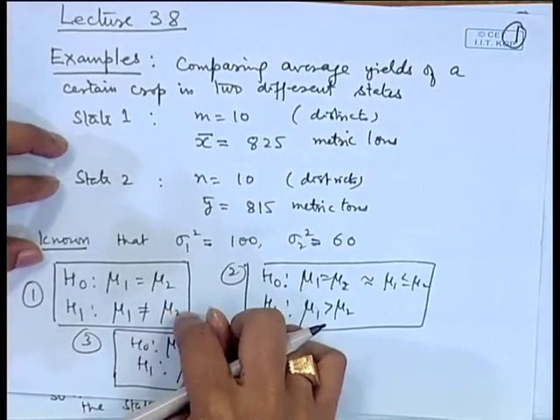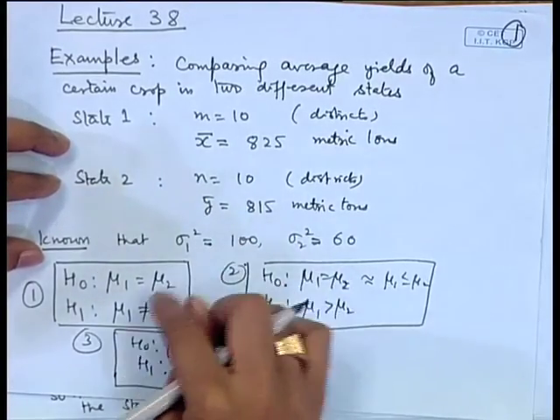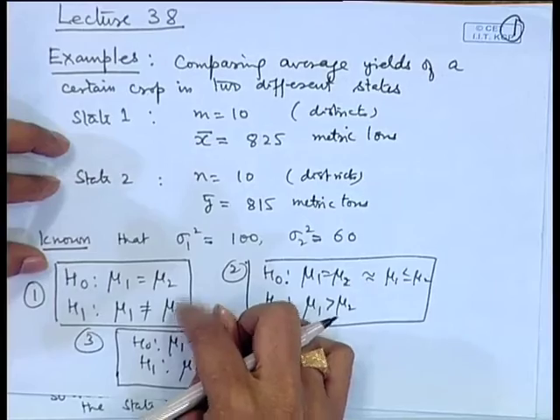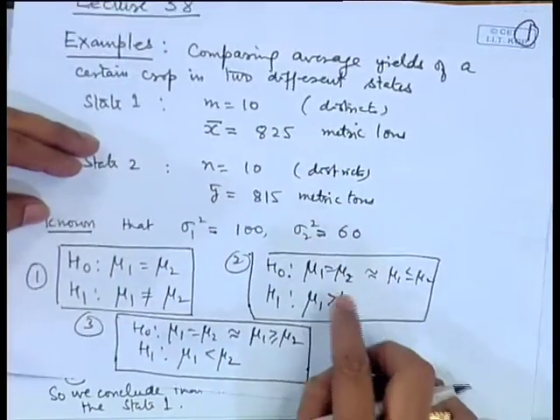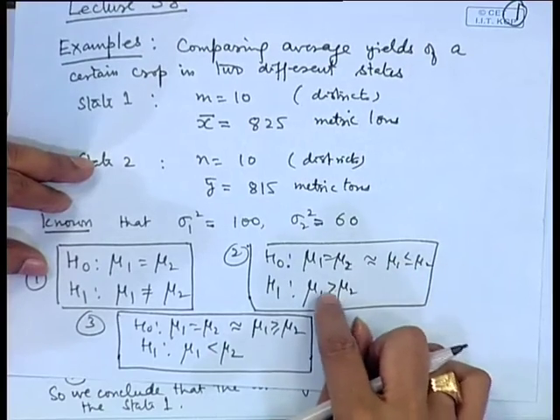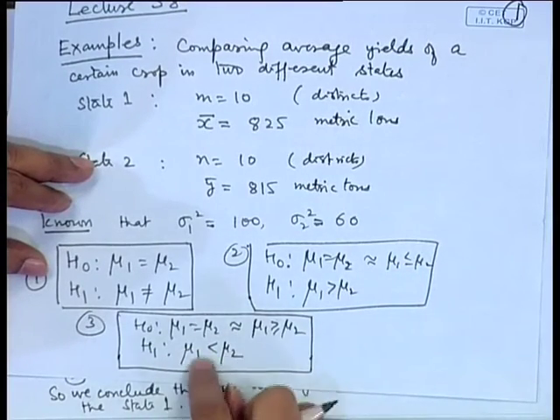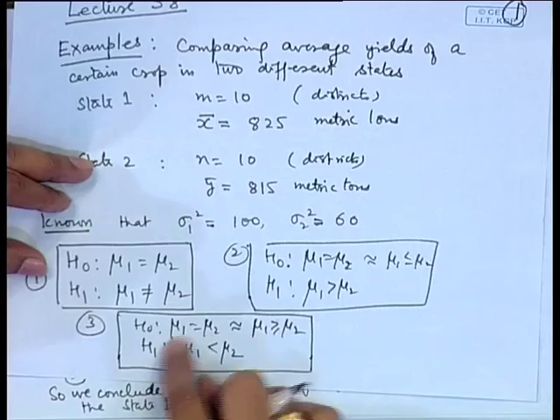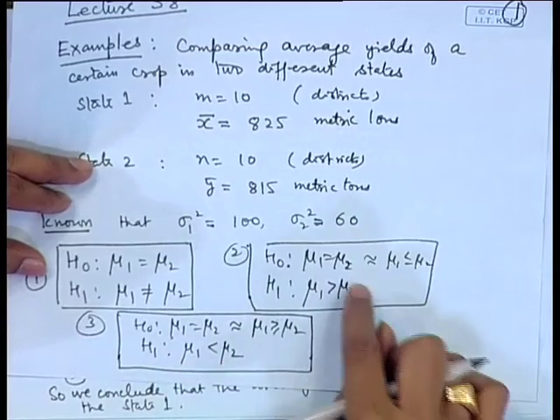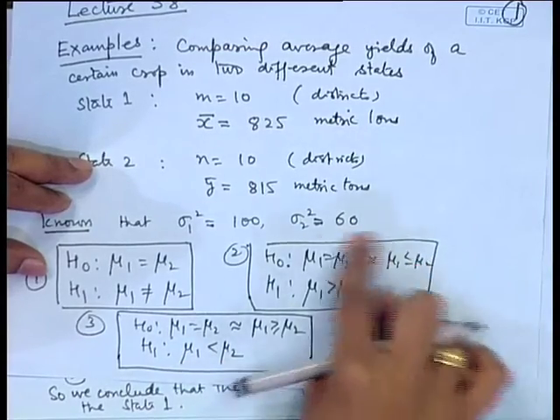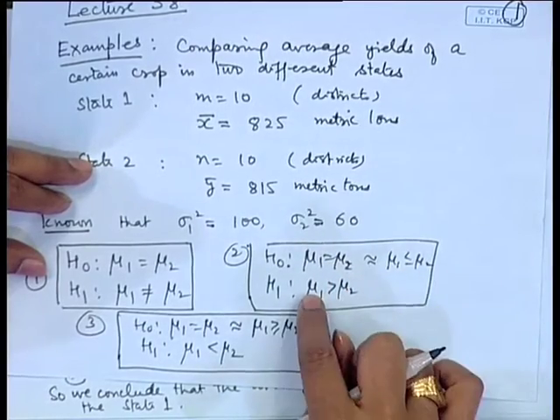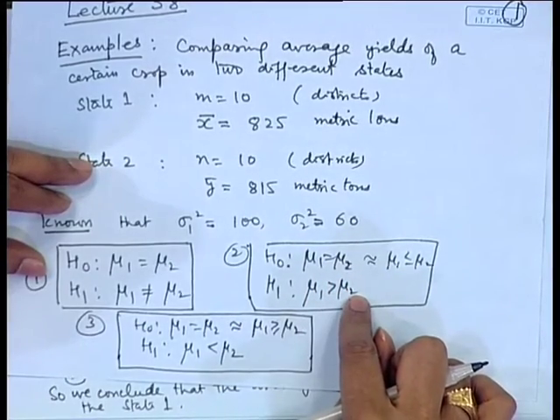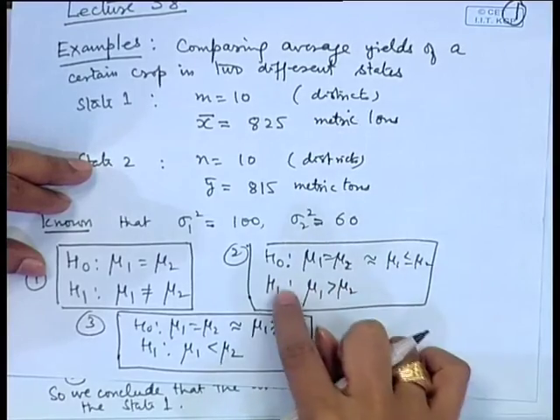Now, if mu 1 is not equal to mu 2, then we have a suspicion that mu 1 is greater than mu 2, precisely because x bar is greater than y bar. Therefore, the hypothesis of mu 1 less than mu 2, in this favor we will never have a decision, and therefore we consider the second hypothesis testing problem, that is mu 1 less than or equal to mu 2 against mu 1 greater than mu 2, and here the decision is in the favor of H 1.